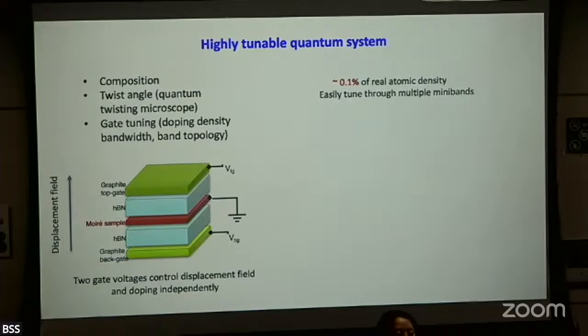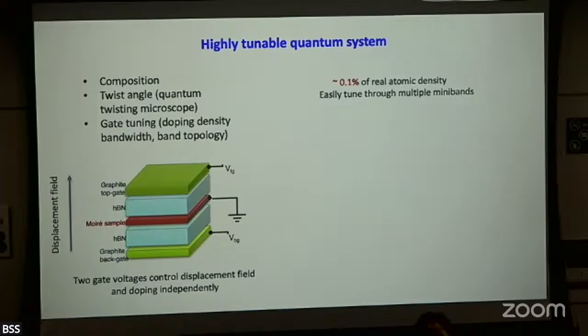You have one layer sitting on your substrate, another layer you put on an AFM tip, and then you put them together. But what's surprising is that even when they stick together, you can still rotate the bottom layer, for example.